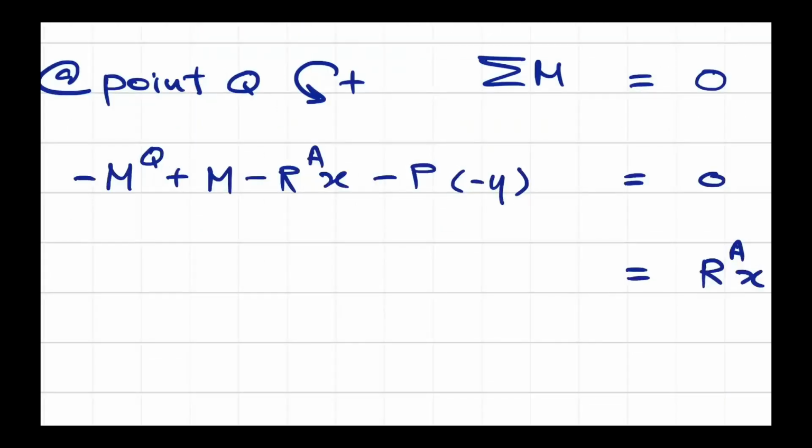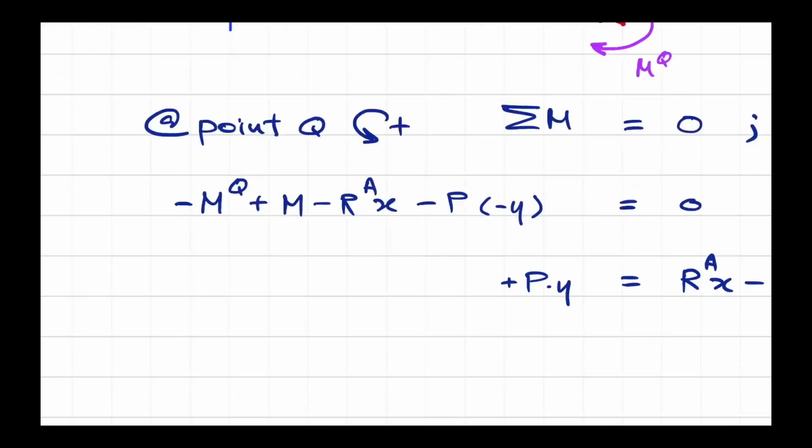Over here you have plus and plus, then you minus and minus, then you get plus PY. MQ is negative, okay? Then you have the minus EI, and then multiply by curvature.